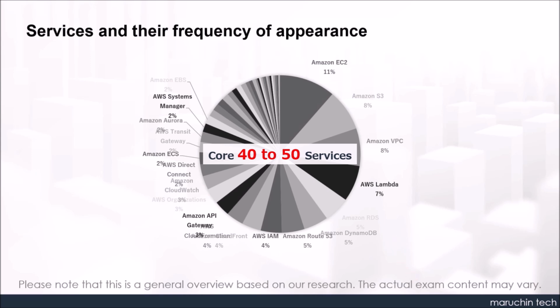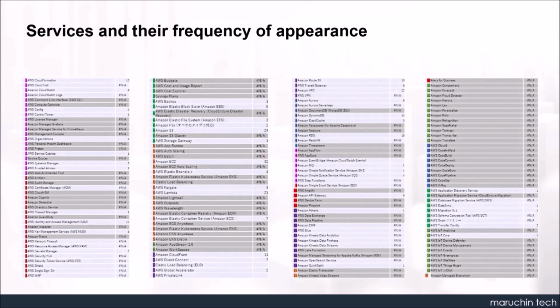And so therefore, as a study strategy, it is more efficient to focus on learning the main services and features rather than trying to memorize the minor ones. And here is a summary of the 158 services that appear on the SAP exam, as well as the frequently asked services. So we will go into detail on each category.